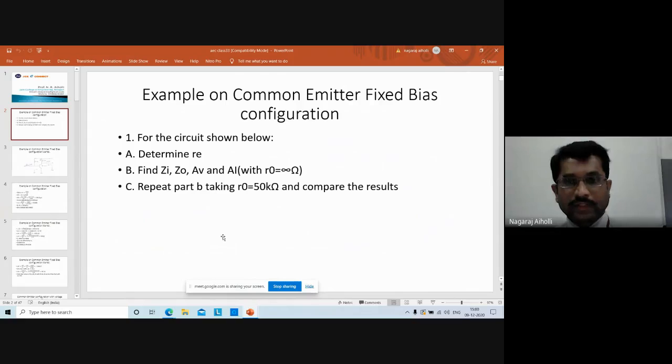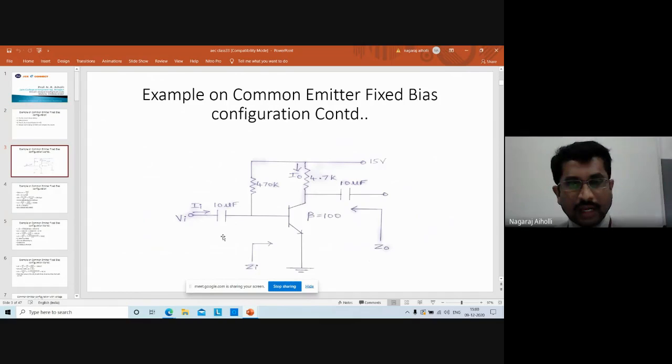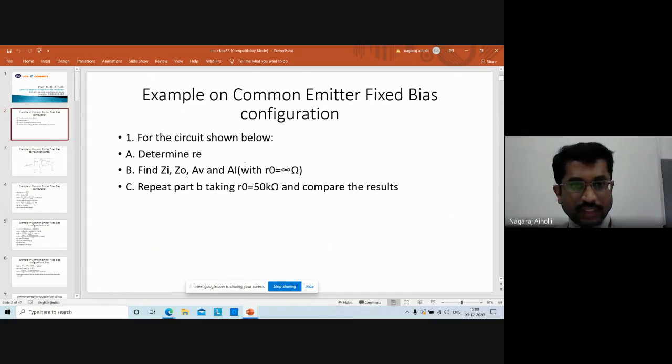For the common emitter fixed bias configuration, given RB equal to 70K, RC equal to 4.7K, C1 and C2 equal to 10 microfarad, beta equal to 100. Find the values of RE, small re, Zi input impedance, Zo output impedance, voltage gain and current gain with RO equal to infinity ohms. Repeat the same, that is part B, taking RO equal to 50 kilo ohm and compare the results.